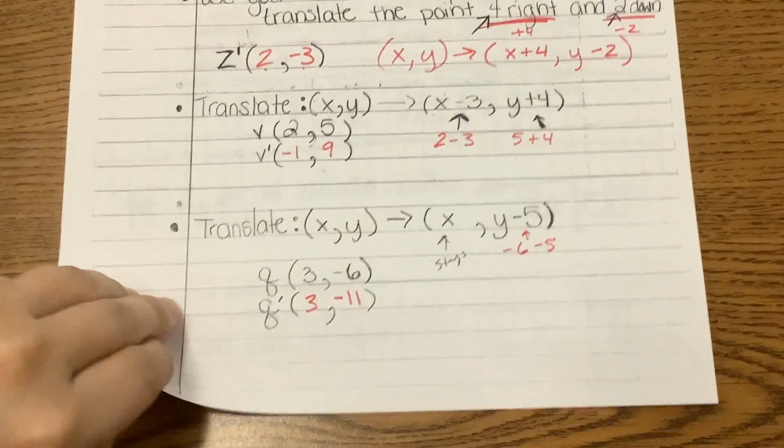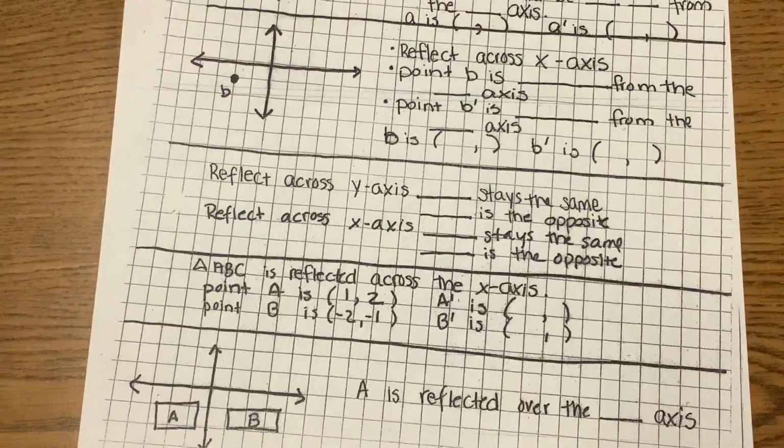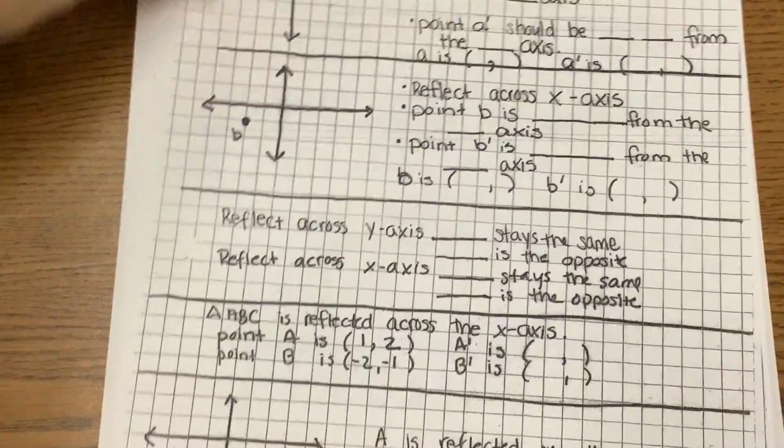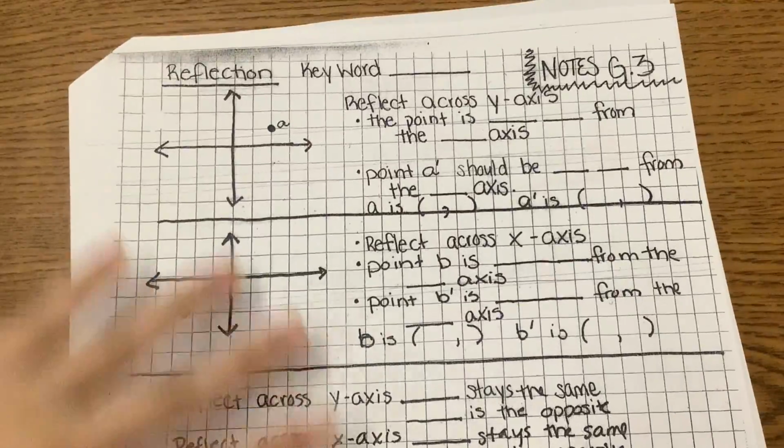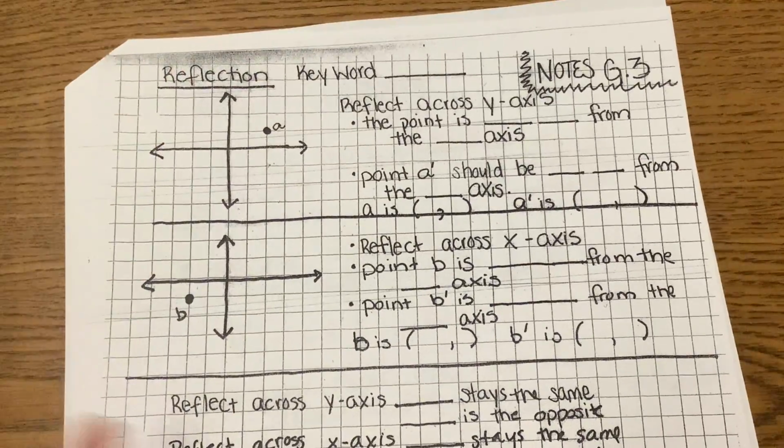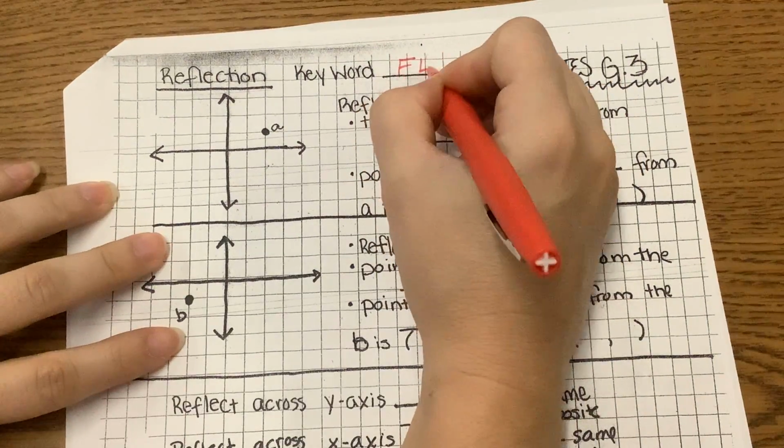Okay, turn to the back. If I'm reflecting something, I'm not sliding anymore, what am I doing? We're going to flip that shape.